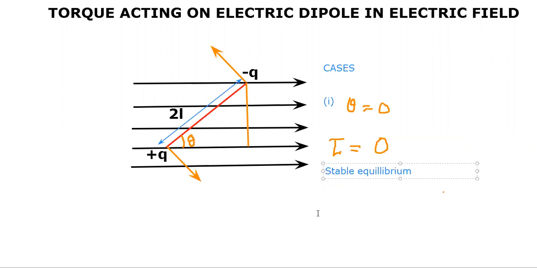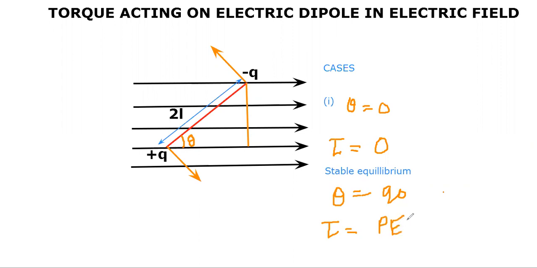Second case. The second case is if theta becomes 90. If theta becomes 90, then sine 90 is 1. So torque becomes PE. The formula was PE sine theta, so PE sine 90. Sine 90 is 1. It becomes only PE.